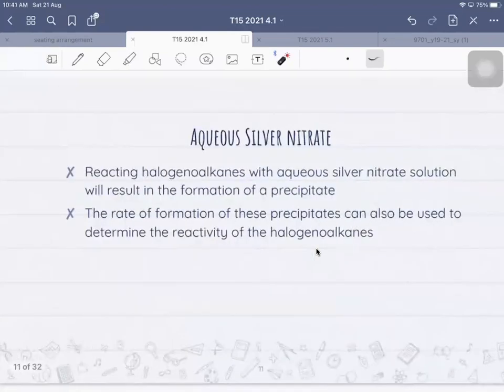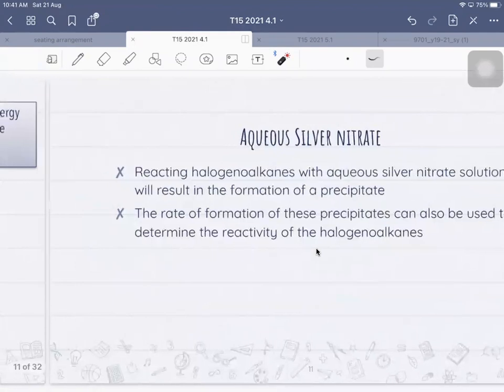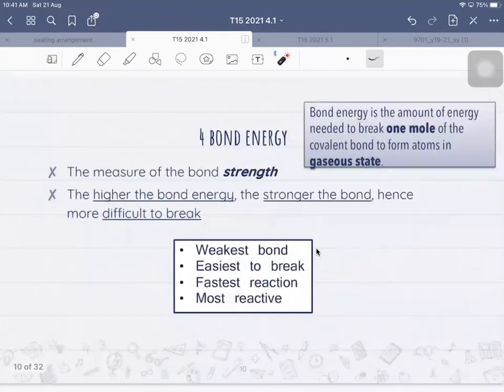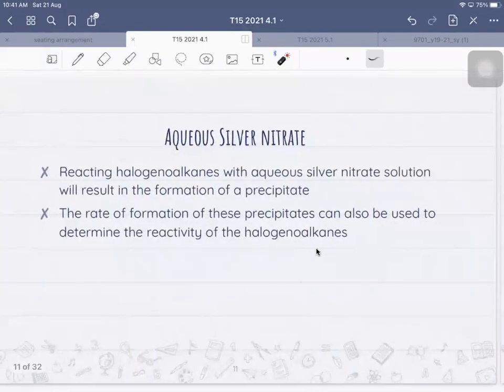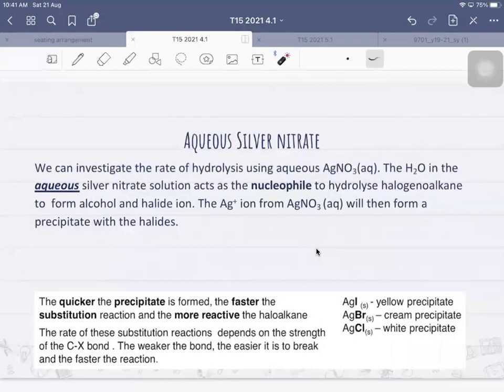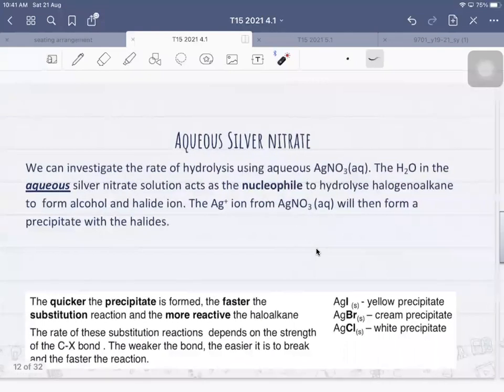We're going to continue with the mechanism in the next lesson, and then we'll also have a look at aqueous silver nitrate. I will start with the mechanism first and then revisit aqueous silver nitrate, because otherwise you will be a little bit lost.